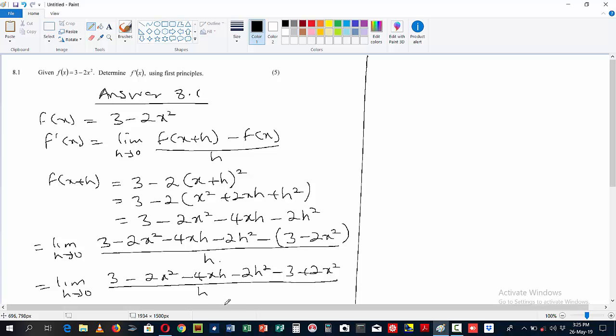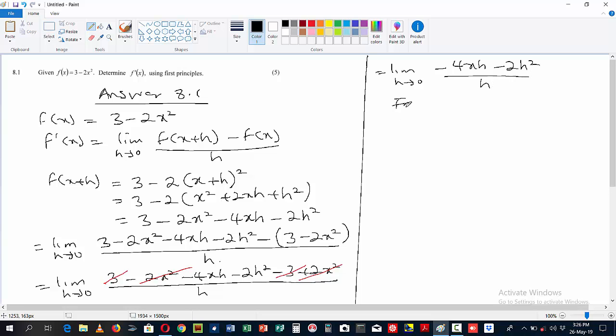From the expression we have now, we can see that these 3 cancel, and these 2x squared also cancel. We are now left with the limit as h tends to 0 of minus 4xh minus 2h squared divided by h.